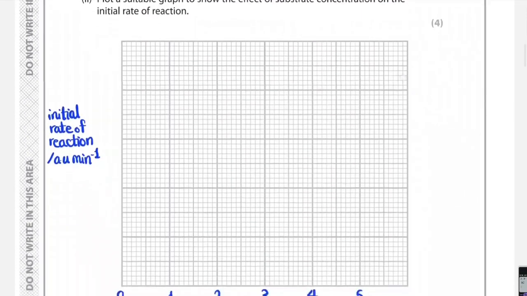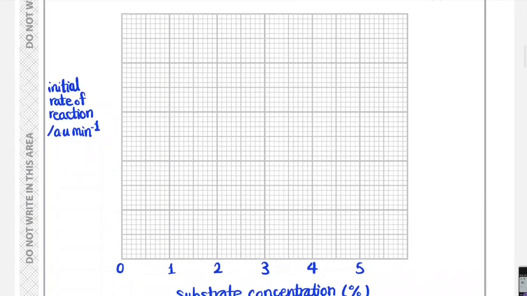Let's try to put it on the y-axis. If I started with 0.004 and it kept increasing by only 0.004, I'm gonna end up with the correct range.